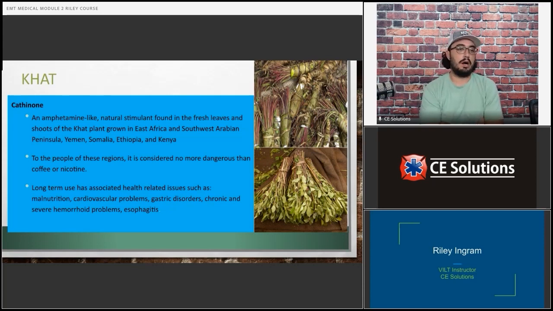Okay. Long-term use has associated health-related issues such as malnutrition, cardiovascular problems, gastric disorders, chronic and severe hemorrhoid problems, and esophagitis. What they do is they chew on it.